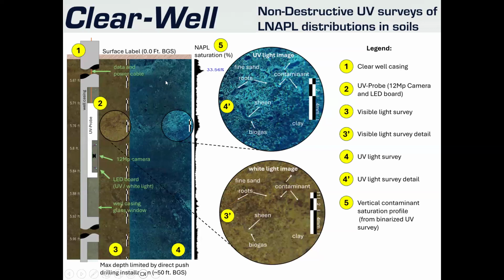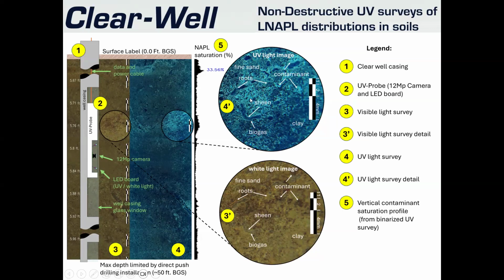Now, one thing that we do is we take the UV signal. Well, we take individual pictures and paste them together. We straighten them up with our software because you're taking a picture of a cylindrical glass, so there's a deformation. We recover the original rectangular geometry, paste them together with our software, and then we decide what is contaminant.